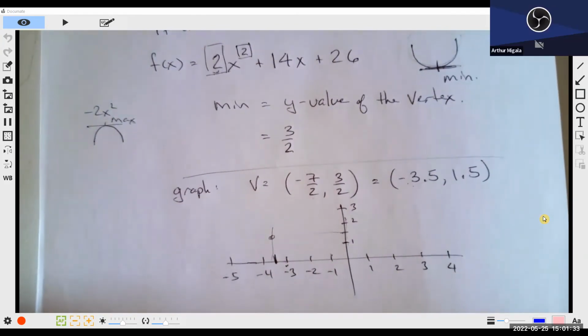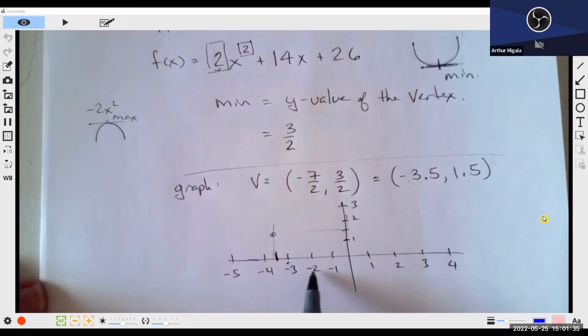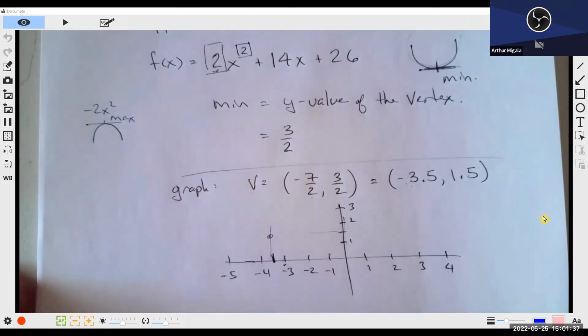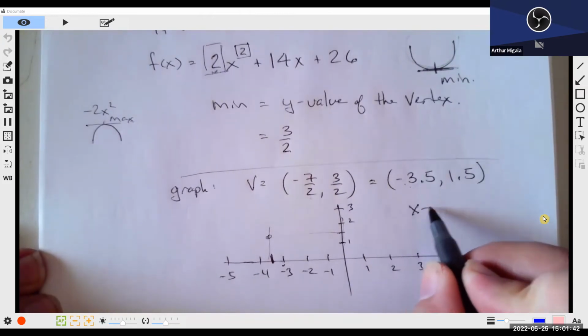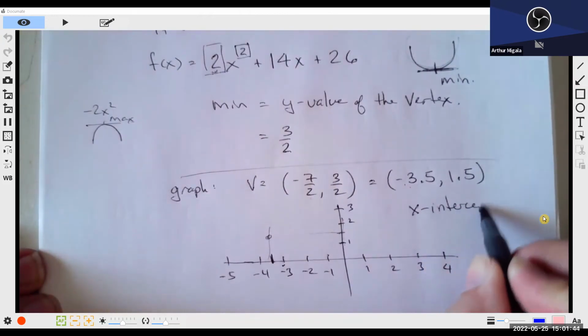Now, you can, if you want to, plug in some numbers and work it out, or use what's called the intercept method.